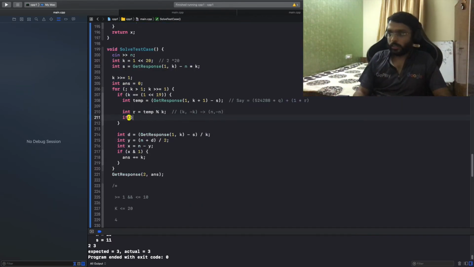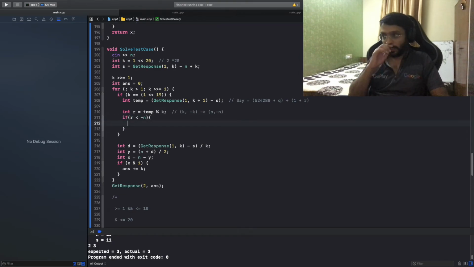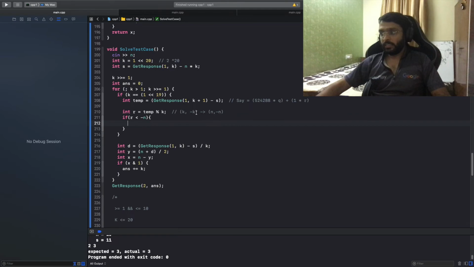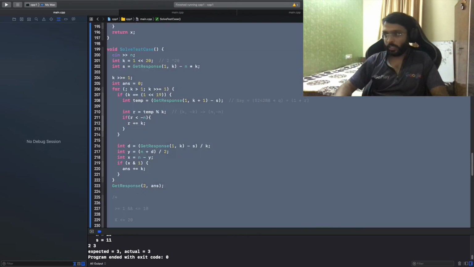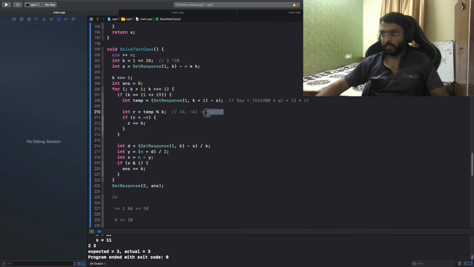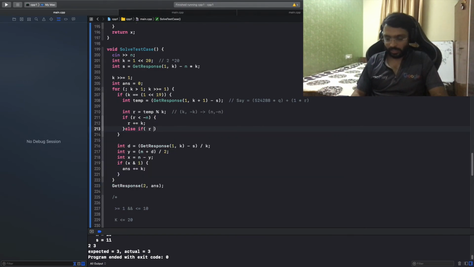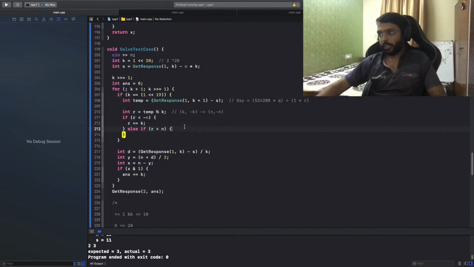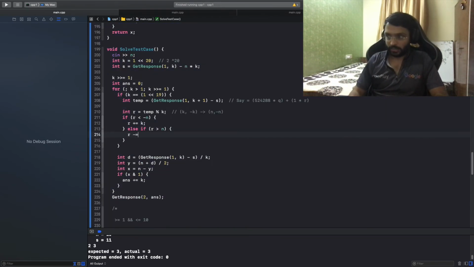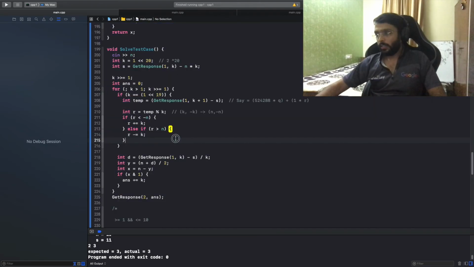So what I will do is, if r is less than minus n, then that means it is in the range minus n up till minus k, and I know for sure I can simply add r plus equal to k, and I will lie in this range. Similarly, else if r is strictly greater than n, then I can simply say r minus equal to k, and that's it.